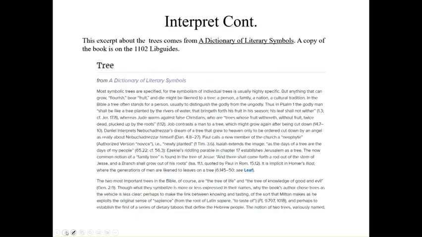So, for instance, one of our symbols was a tree, right? So, this is what the dictionary of literary symbols says. What is the analysis of a tree? It'll break everything down for you. This is just a little snippet. Okay.